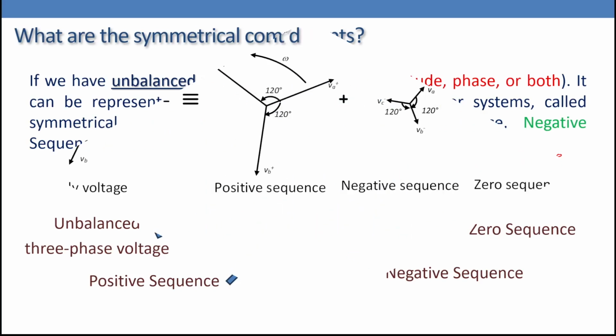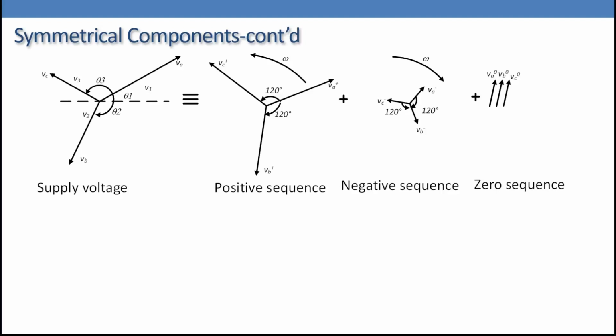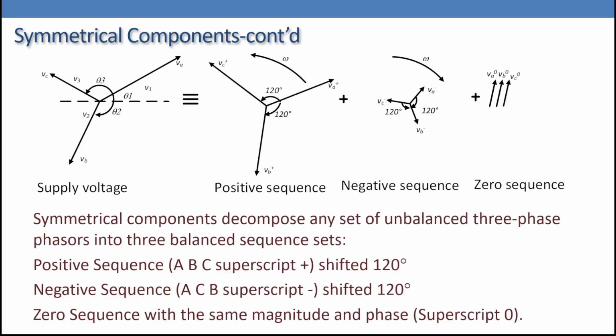Let us see. We can explain this using the phasor diagram shown here in the figure. We have three voltages, VA, VB, VC. They are not equal in magnitude and the angle between them is not 120 degrees. So we can decompose these vectors into a positive sequence rotating in this direction, a negative sequence opposite to the first one, and a zero sequence.